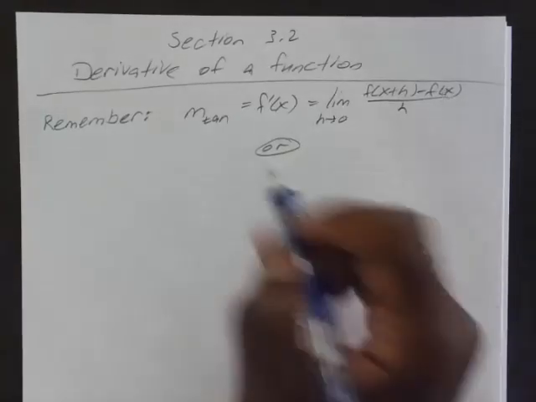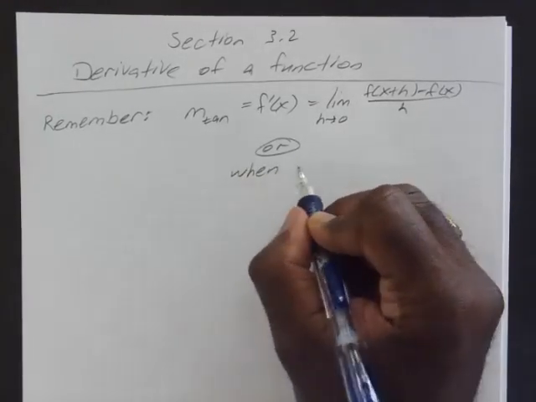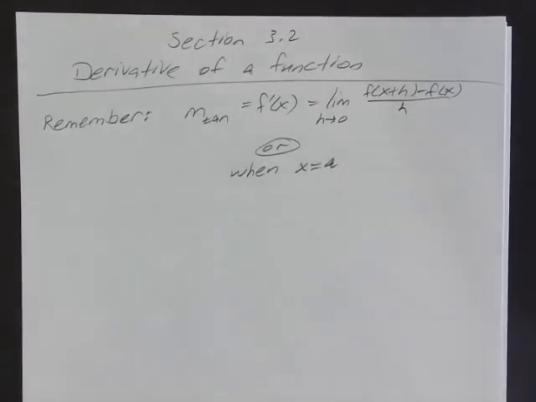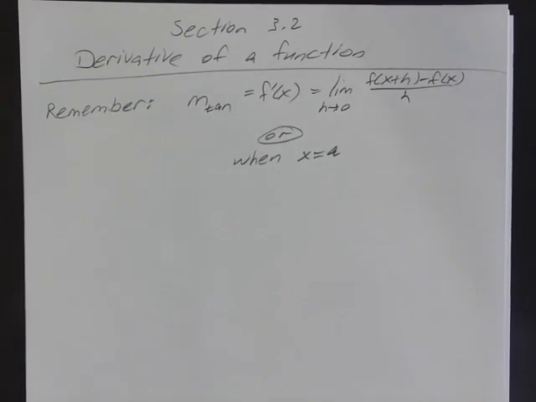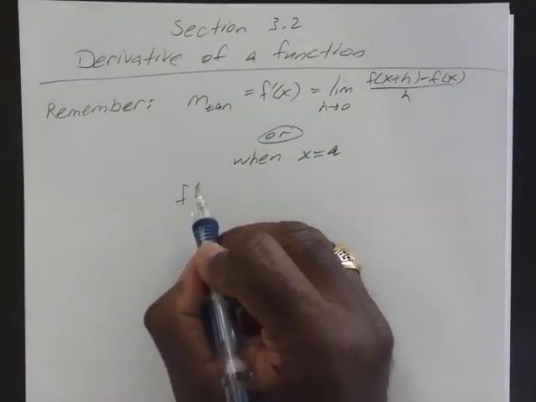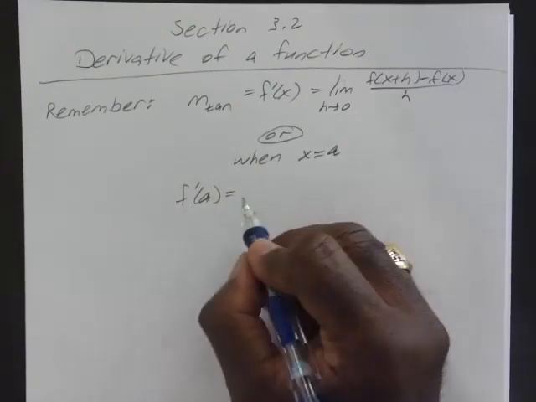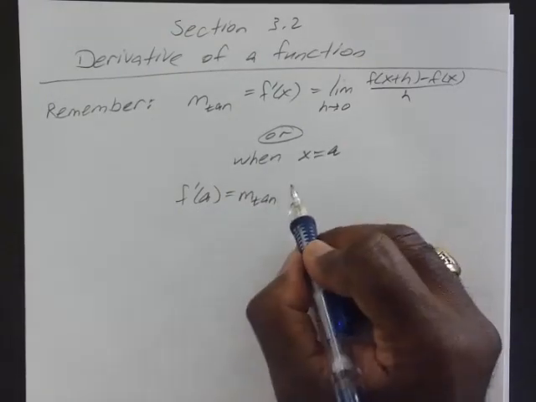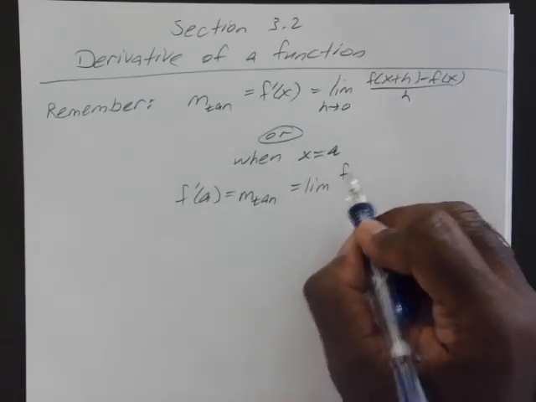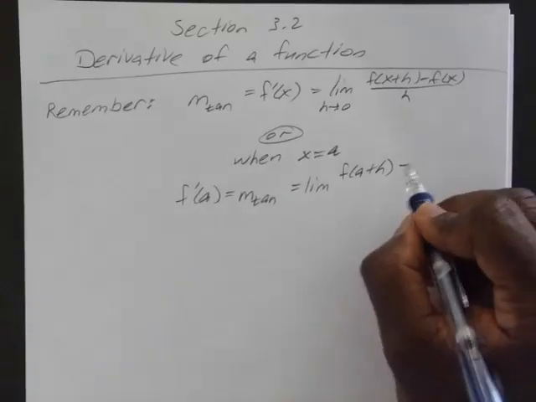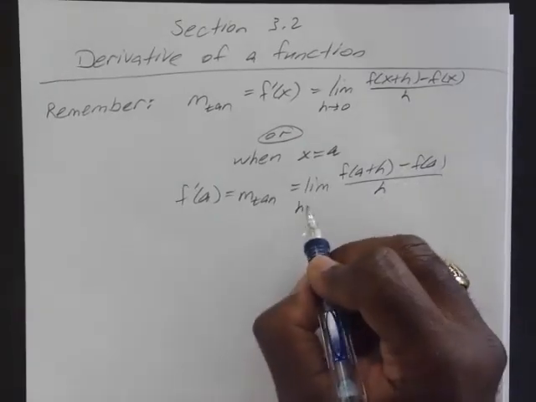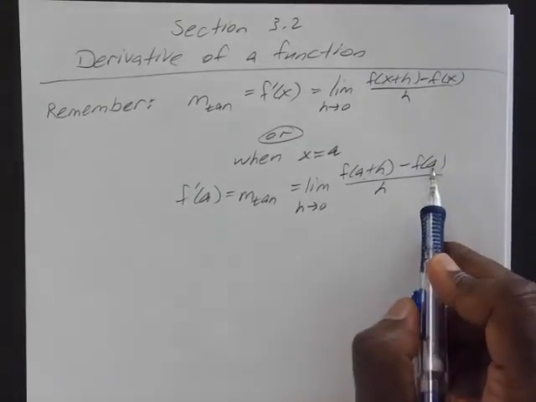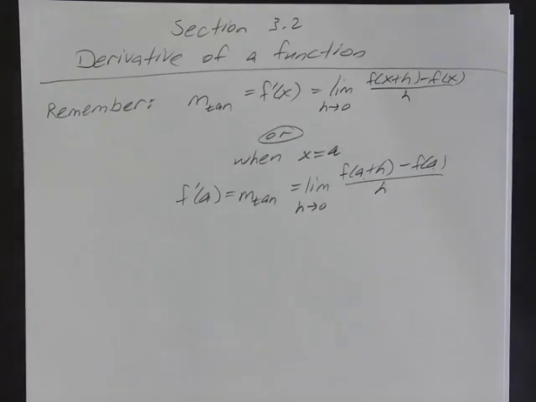Or when we know the value of a, or you can call it x sub 0, I just think a is a little easier to deal with than all the subscripts. Then f prime of a is equal to still the slope of the tangent line, which is the limit of f of a plus h minus f of a all over h as h approaches 0, or you can do a plus h minus a, which is still just h.